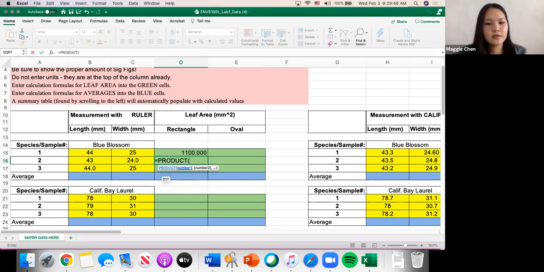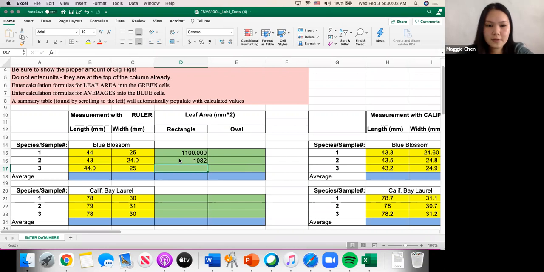So we'll just select product. We'll click again on length, comma, width for our second number, and then we can just hit enter. And that would also give us the leaf area for that. So these are just two different ways for you to get your product.